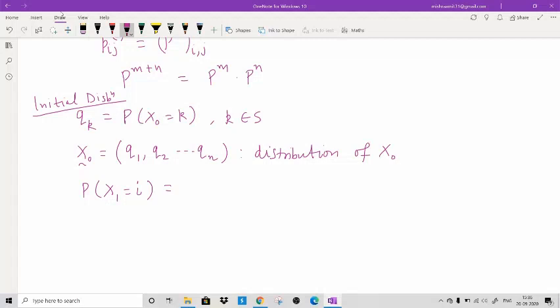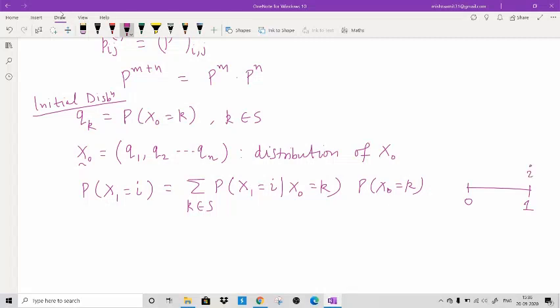So what is that? If you just apply the conditional total probability theorem, then it says that the probability that x1 is equal to i, given that you start from some state, which I call k, multiplied by the probability that x naught is equal to k, and of course k belongs to S. So there is a time 0, there is a time 1, and at time 1 you want to be in state i.